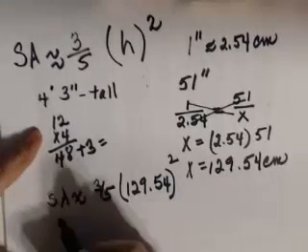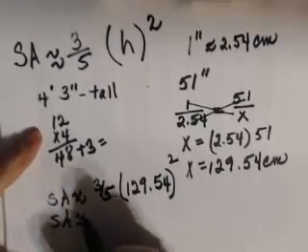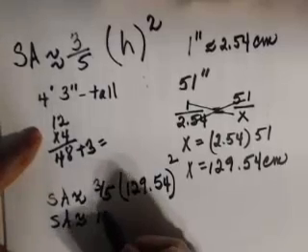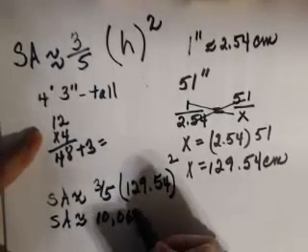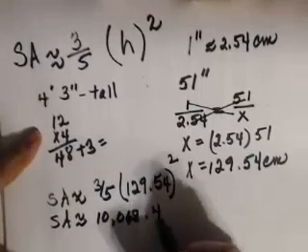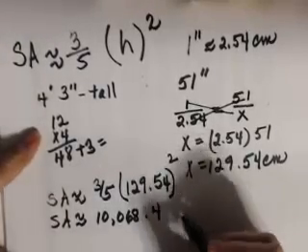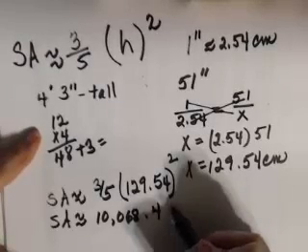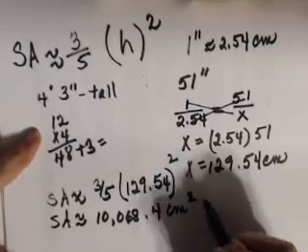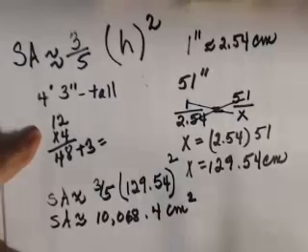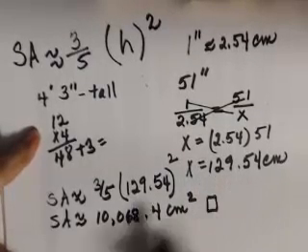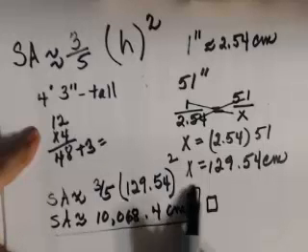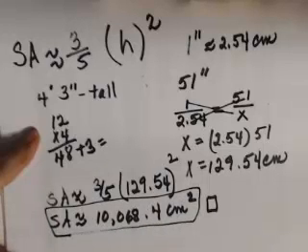So the surface area of this person is approximately 10,068 4/10 rounded centimeters squared. So that's how many square centimeters there would be on the body. So that's about how much skin that person would have.